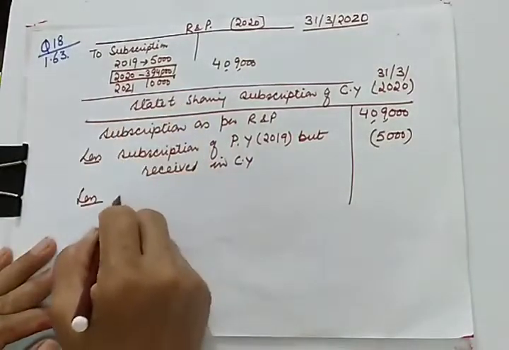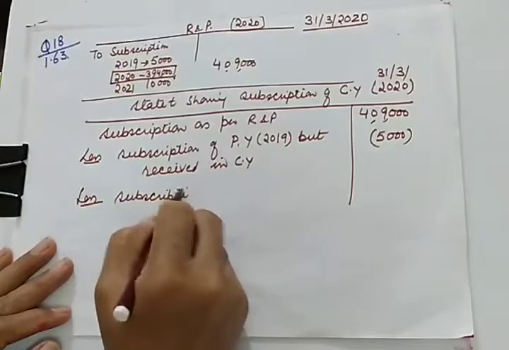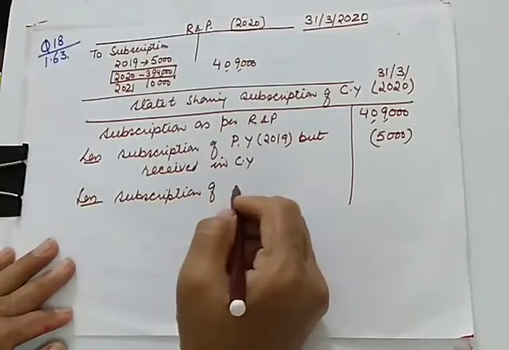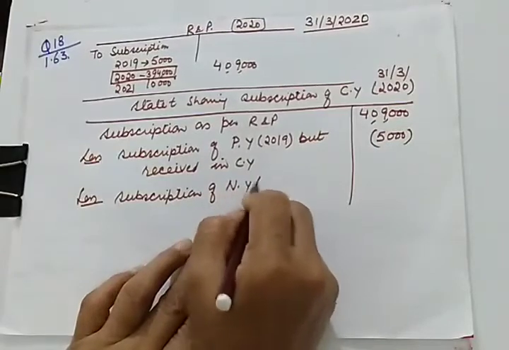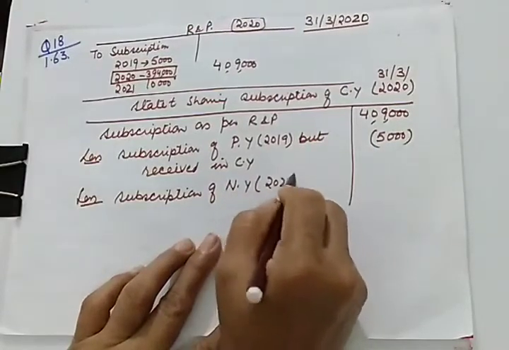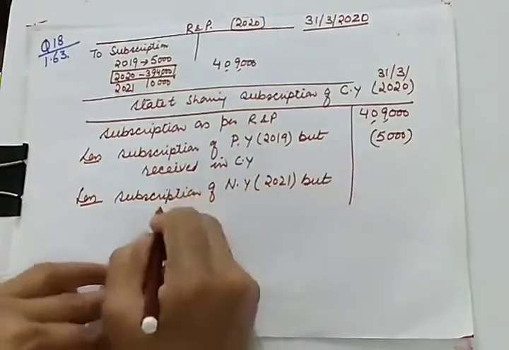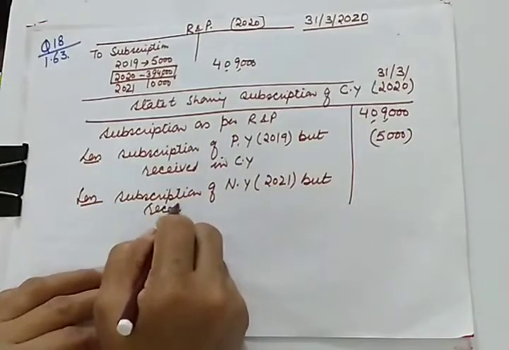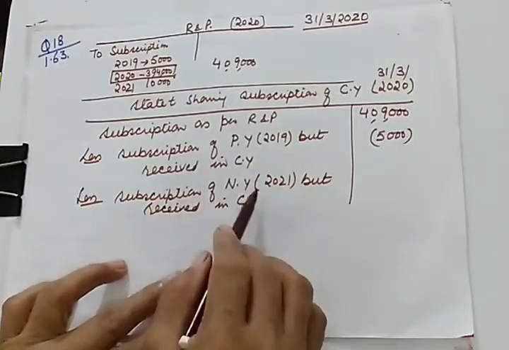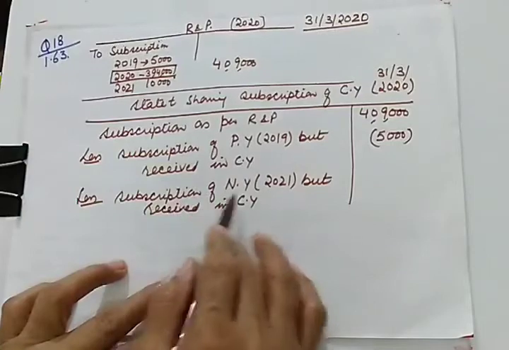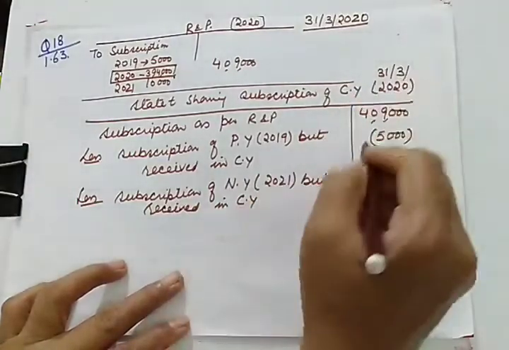This 10,000 subscription of next year. Next year is 2021, because our current year is 2020, but received in current year. What is the other wording for this? Subscription prepaid at the end of the year. This is 10,000.